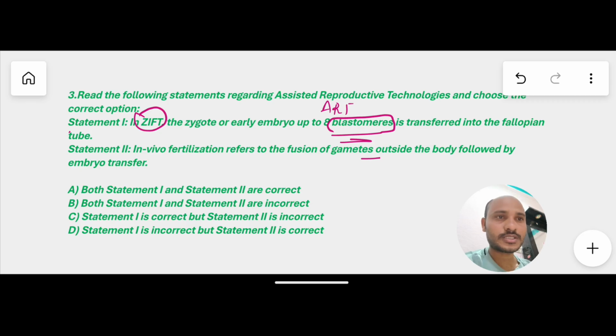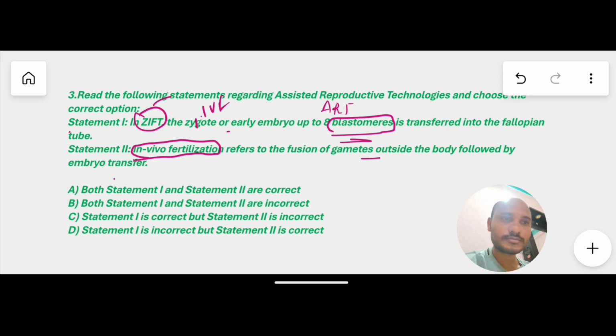Is the statement right or wrong? So choose it. And statement 2, in vivo fertilization: already we discussed GIFT comes under in vivo fertilization, but statement 2 says in vitro fertilization. In vivo fertilization means fertilization taking place within the female body, and in vitro fertilization refers to the fusion of gametes outside the body followed by embryo transfer. So read these two statements, analyze them and drop your answer in the comment box.